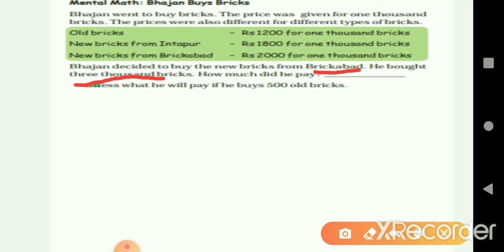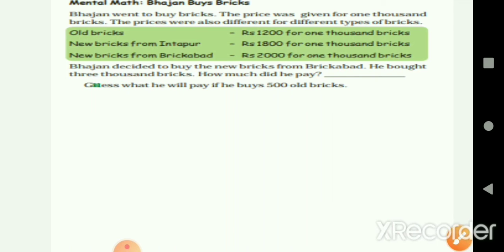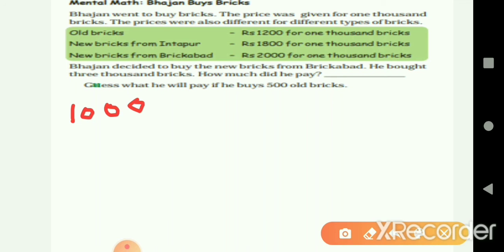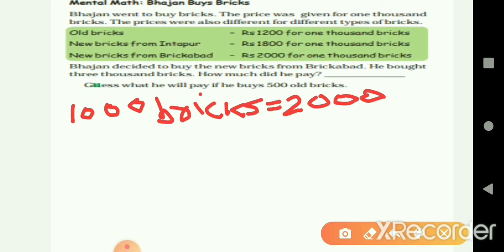First we write the cost of 1000 bricks from Brickabad. 1000 bricks is equal to 2000 rupees.